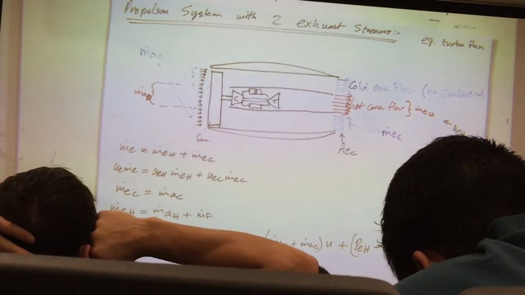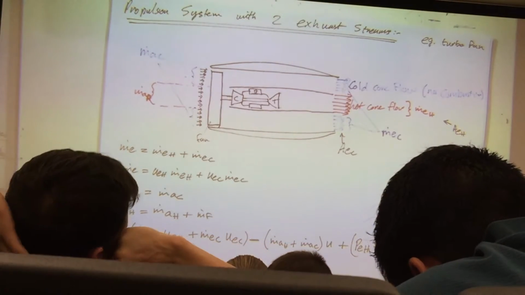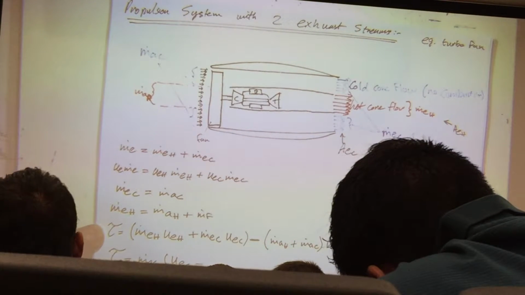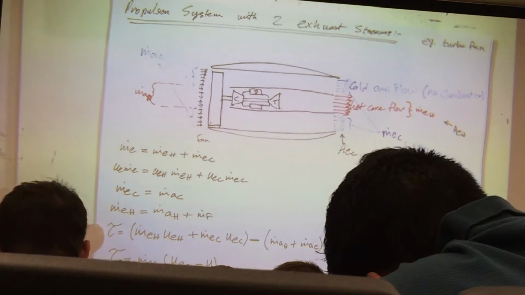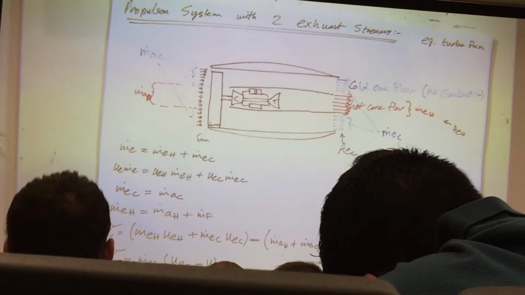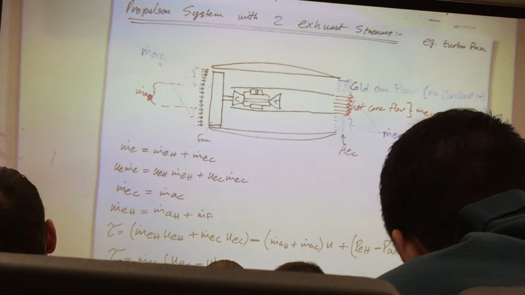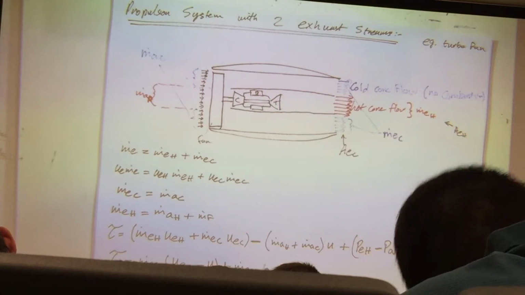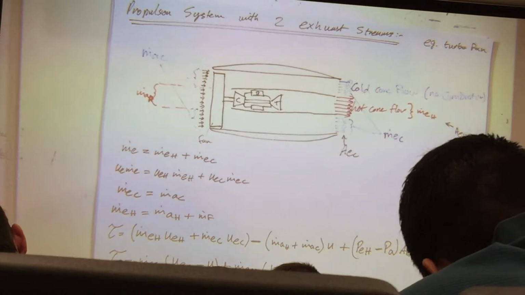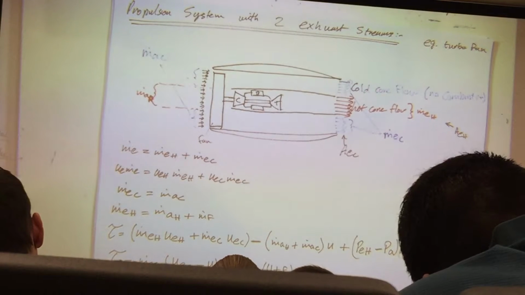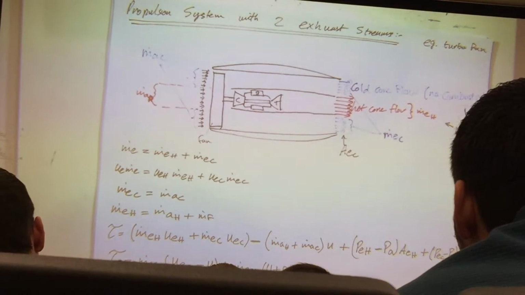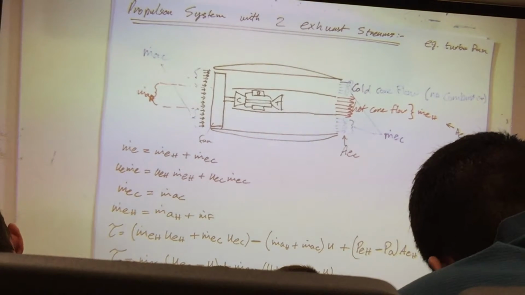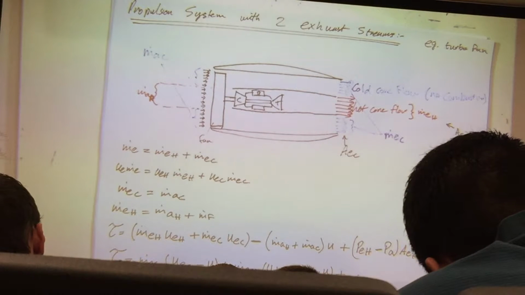We get tau is equal to m dot AC multiplied by the U exit of the cold section minus the U inlet, plus m dot inlet for the hot section, H, multiplied by 1 plus fuel to air ratio, of my exit velocity from the hot section minus my velocity of the free stream, plus the difference in pressure.